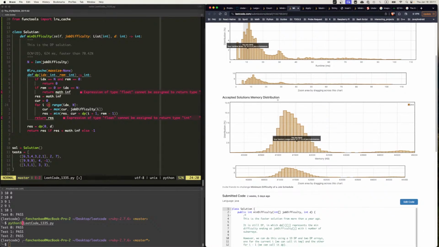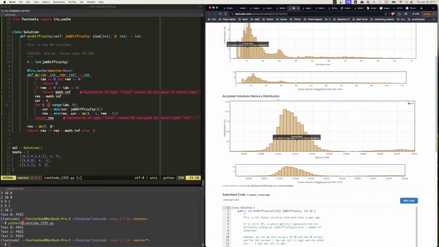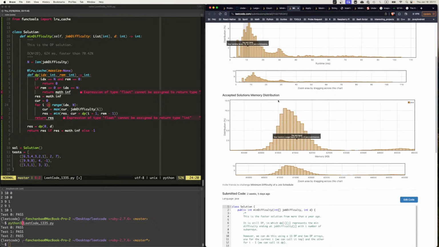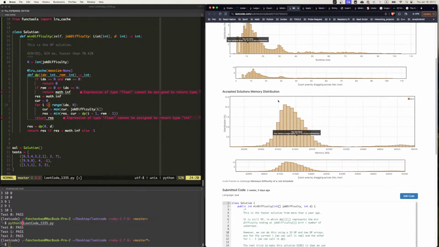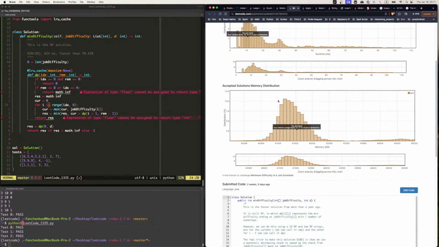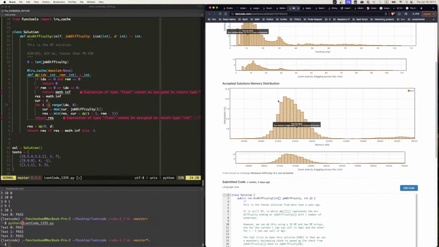One 1D DP and two DP arrays. Huh? The real trick to make this solution, okay, it's 1D DP. Can you do 1D?